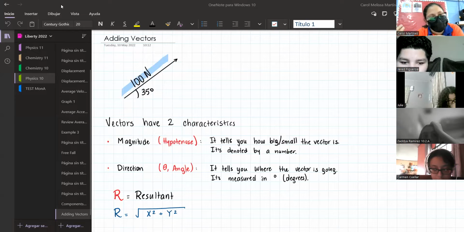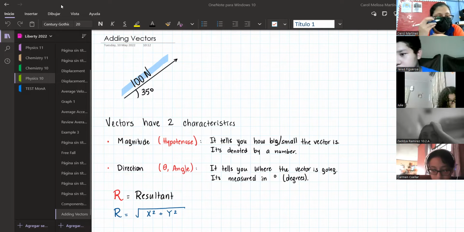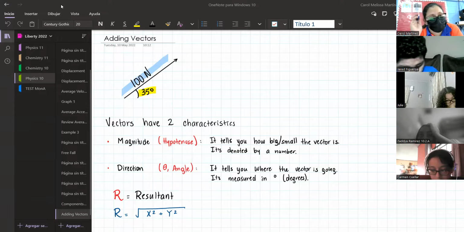And the other characteristic is direction, which is denoted with the Greek letter theta, and the direction is related to the angle. In this case, I'm giving you a vector that has an angle of 35 degrees. So for this vector, I'm going to have this angle.